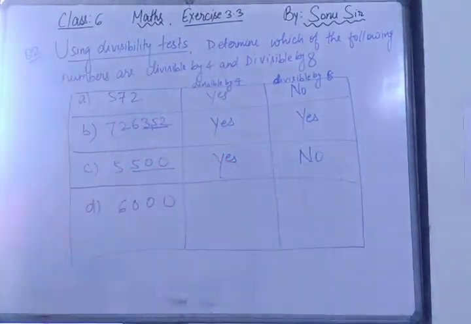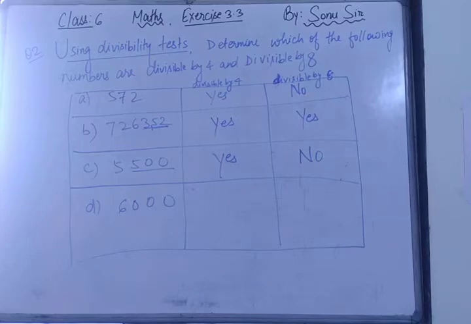Now this one, 6000. Can you tell me? If the last 2 digits are 0, then remember that number is divisible by 4. Any number which has last 2 digits 0 is divisible by 4. But what about 8? If the last 3 digits are not divisible by 8, then that number is not divisible by 8.